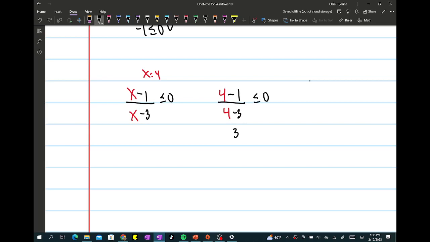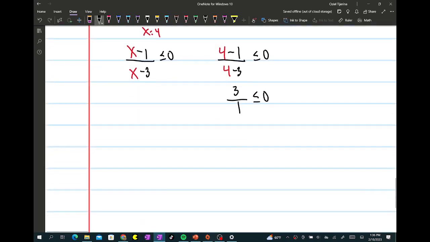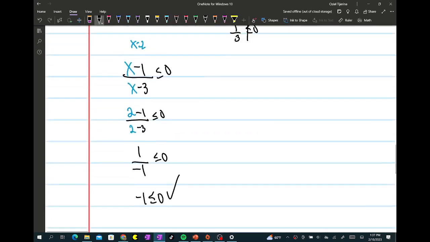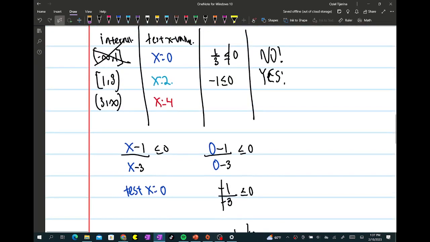This is 3 over 1 is less than or equal to 0. And I end up with 3 less than or equal to 0. This is not true. 3 is greater than 0, it's not less than or equal to 0, so that does not work.